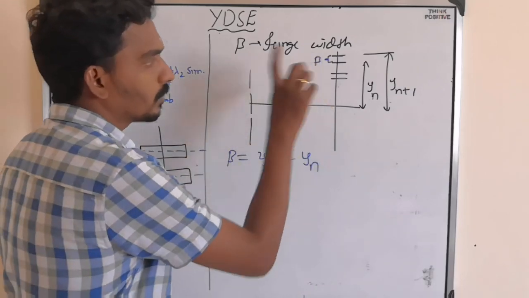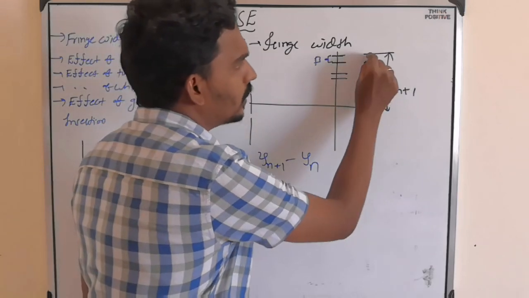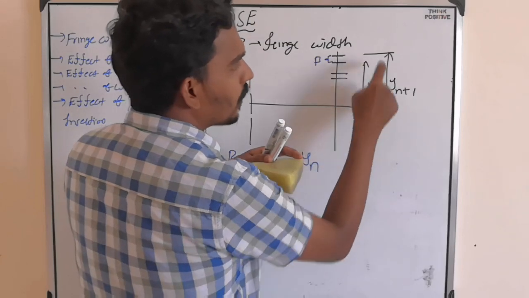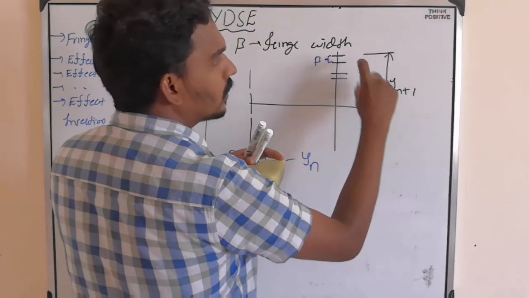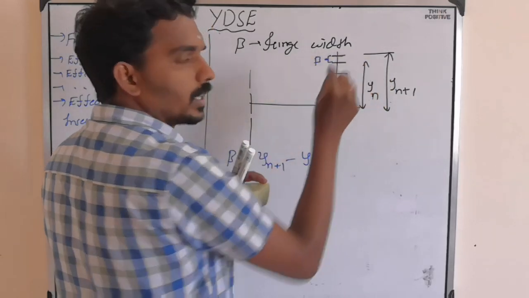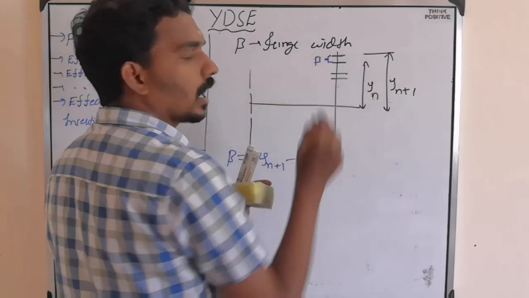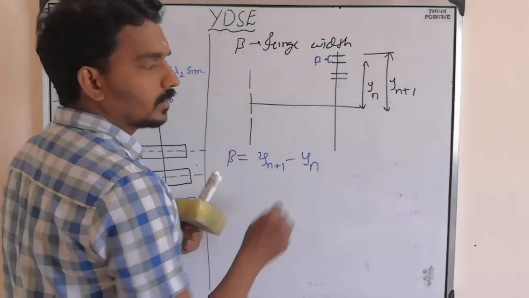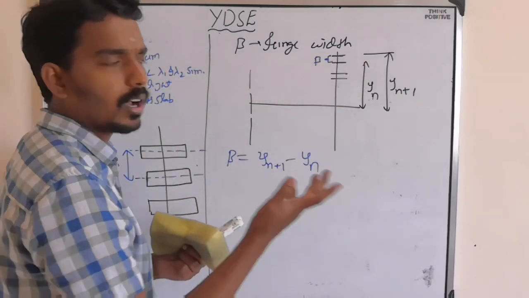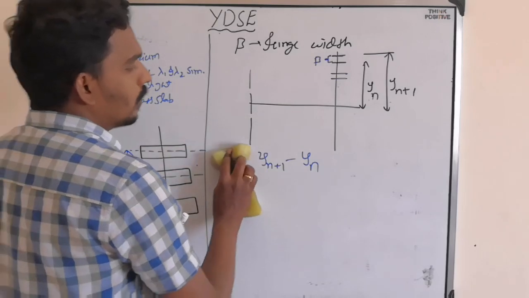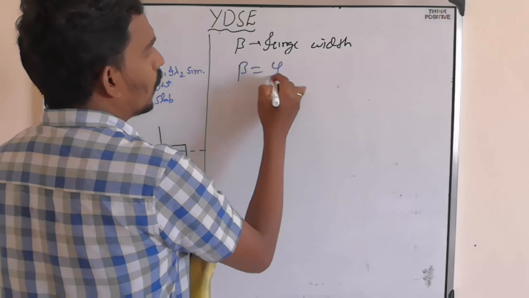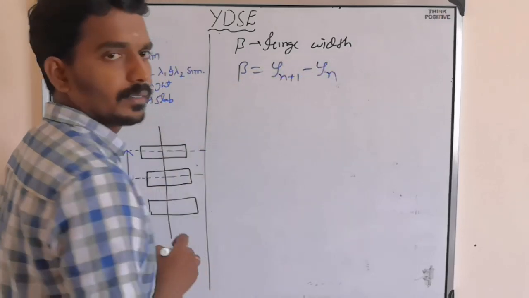If you take the distance from the center, this is the distance of the nth one and this is the distance of n plus 1. If you subtract these two, this small one is the distance between two successive fringes, either bright or dark. Similarly, any two you take, either dark or bright, the fringe width beta equals yn plus 1 minus yn.